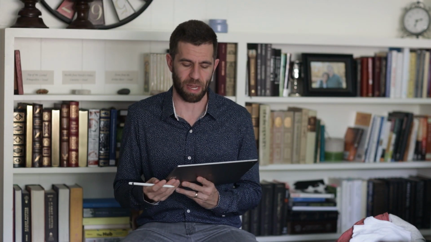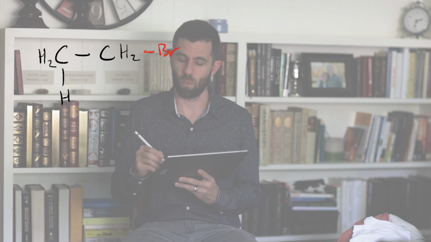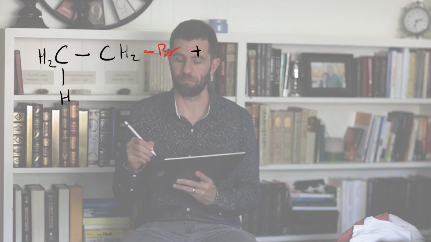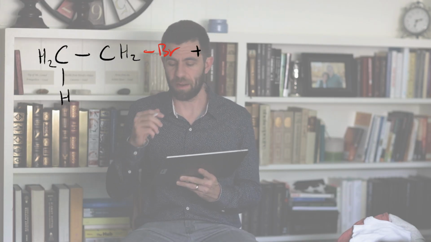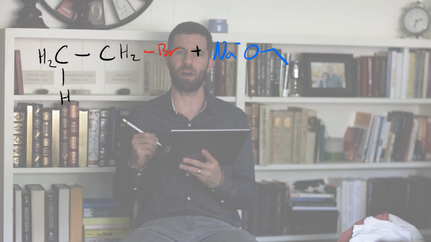So to show you overall, of course, what this would look like if you looked at an elimination, I'll give you an example. Let's say that we have some alkyl halide again here, and that alkyl halide has a Br here. What would happen if we put in a nucleophile, or a base? In this case for the base, I'm going to use a nice strong base. I'm going to say we'll do sodium ethoxide.